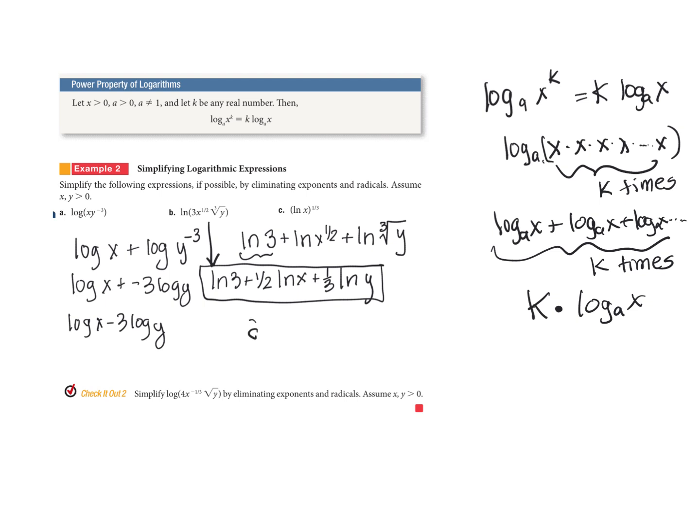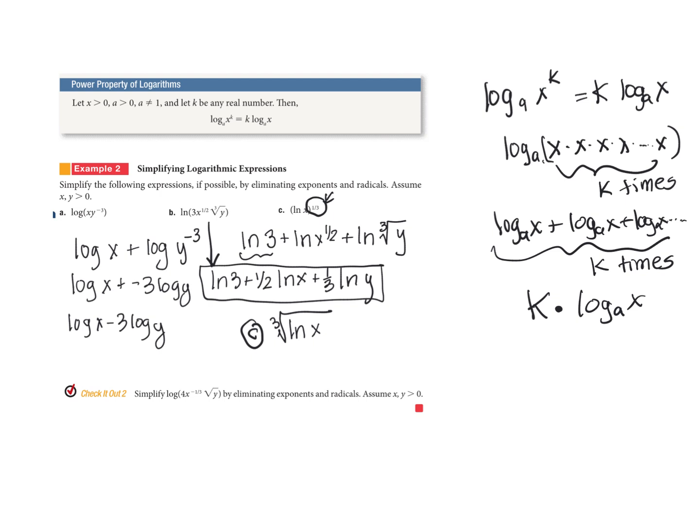And here's our C. I'm running out of space, kind of got a little messy here. All right, we're going to bring nothing. We cannot bring this down. We can't bring that down because that is not the natural log of x. That is the natural log of x cube rooted, and that cannot be simplified.